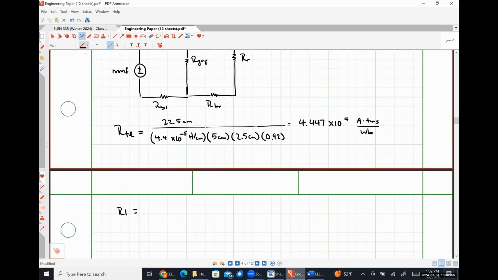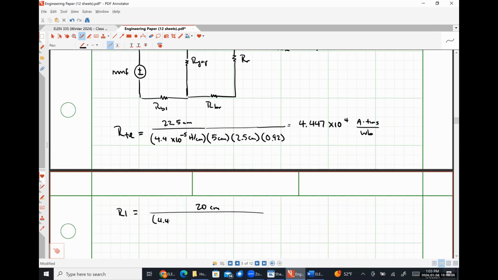So that'll be 20 centimeters over effectively that same denominator: 4.4 times 10 to the minus 5 Henries per centimeter, 5 centimeter, 2.5 centimeter, 0.92 stacking factor.